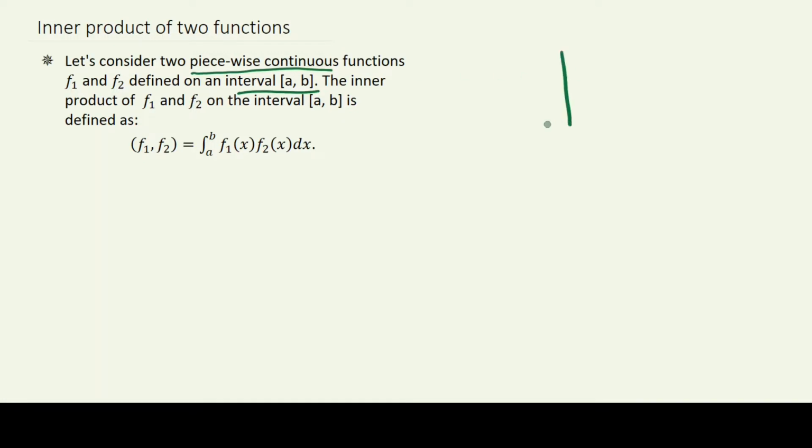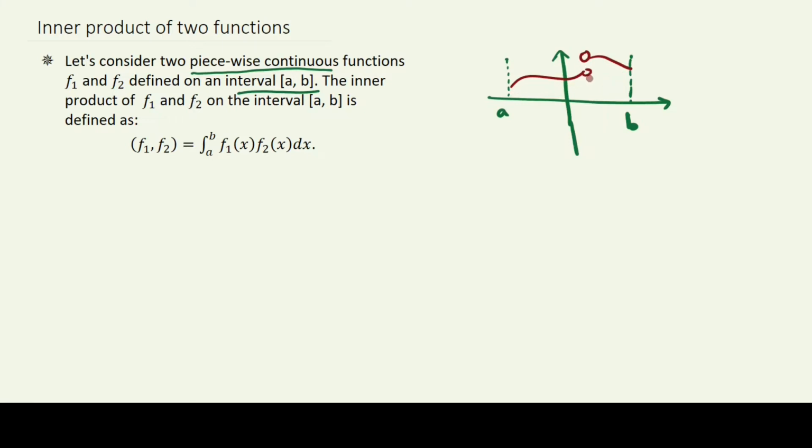That basically means that your function can have some discontinuity, but the number of those discontinuous points needs to be finite. For example, if you have a function from a all the way to b, your function can have a discontinuity somewhere here, but it's still considered piecewise continuous.